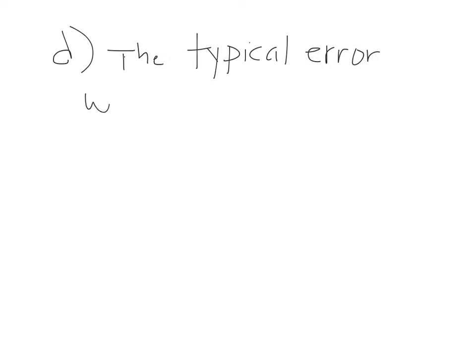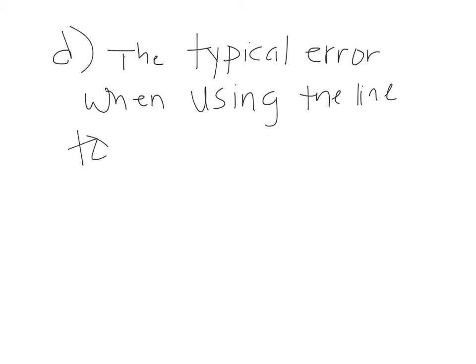Last, D says interpret the value of S. Remember the S is the standard deviation of residuals. So it's the amount of typical error, the amount of predicted error, or the average error. All three of those things can be used. So it's the typical error when using the line to predict activity in the brain.